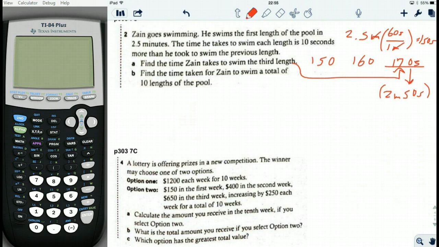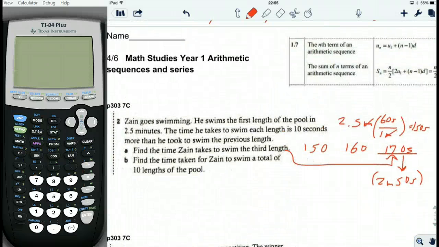Find the time taken for Zane to swim a total of 10 lengths of the pool. Okay, so they're not asking how long he takes to swim the 10th length. They're asking how long does he take to swim the first length plus the second length plus the third length plus the fourth length, okay? So which formula are you going to use? You're going to use this one, right?